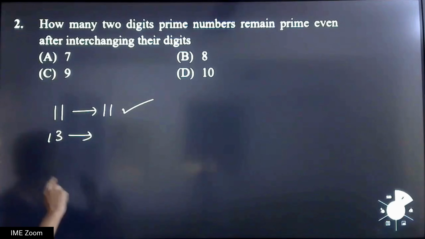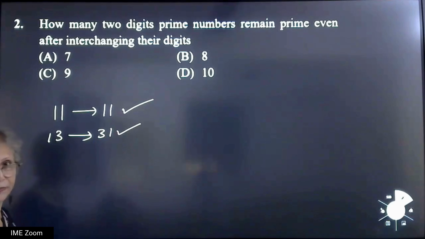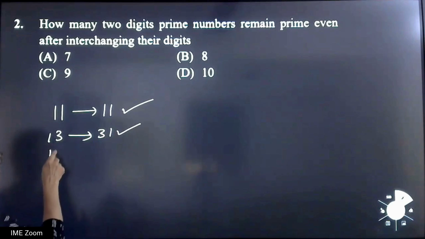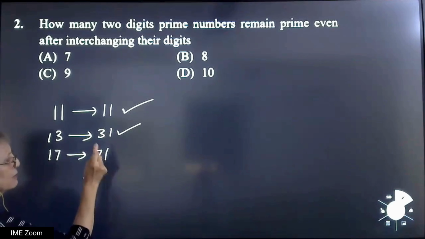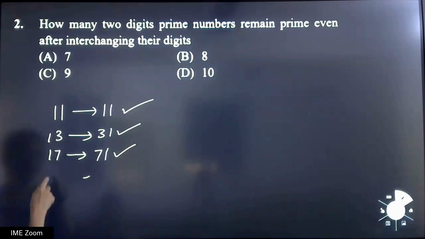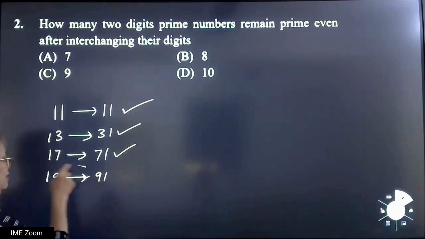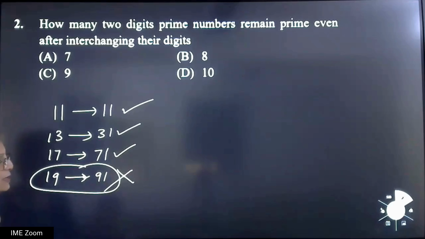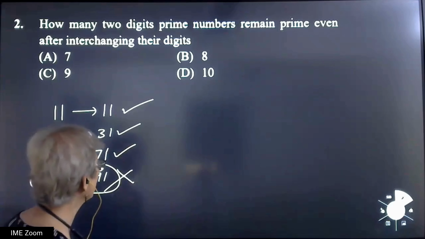If I interchange the digits, it will become 31, and yes, it is prime. Then comes 17. If I interchange the digits, it becomes 71, yes, it is prime. Then comes 19. What happens? 91. No, it is not. 91 is not a prime number. And therefore, here we got 3.